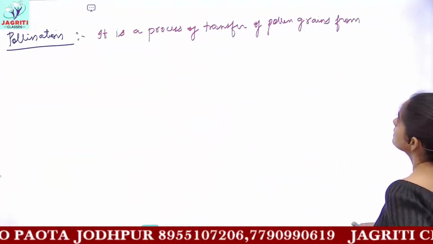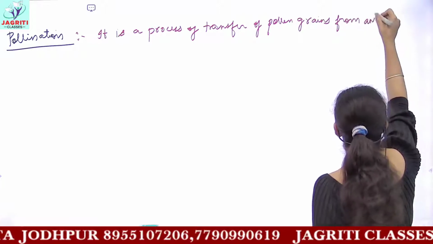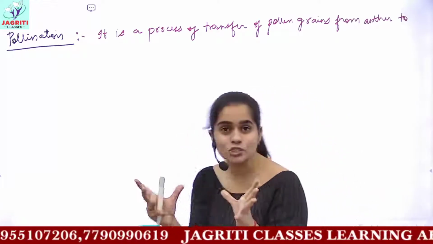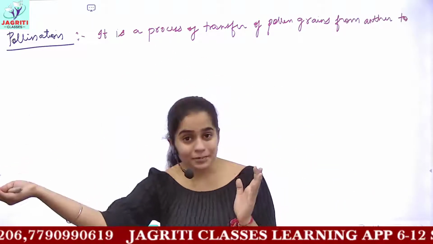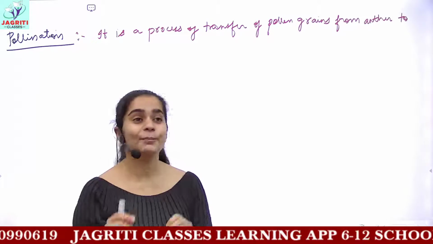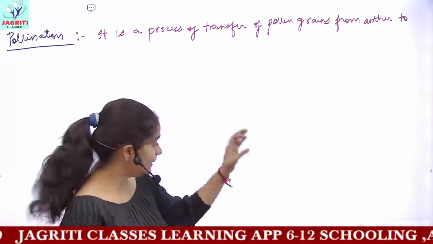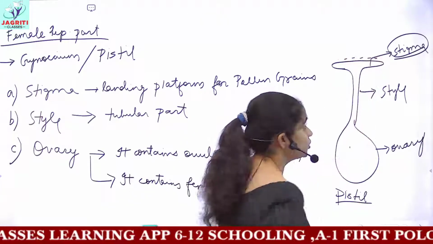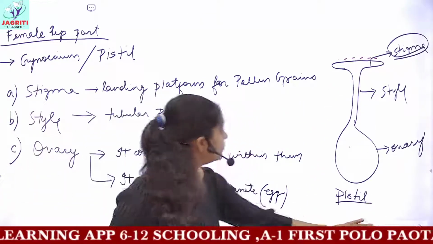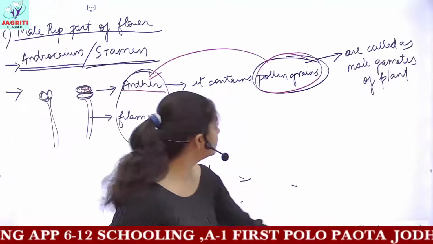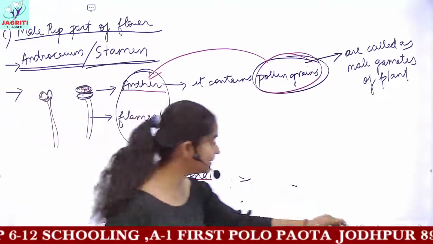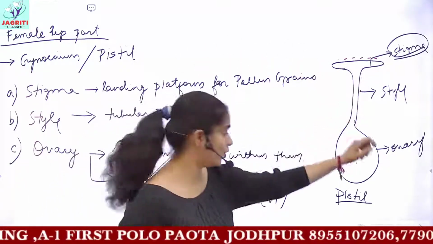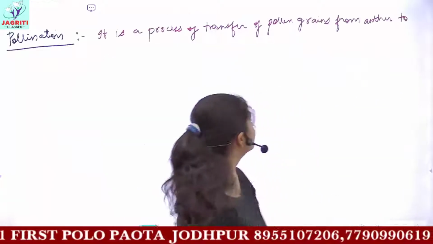So it is a process of transfer of pollen grains from the anther, and when the anther bursts open, these pollen grains are liberated, and these are then carried away by wind, water or insects, and they land on the female reproductive part, that is the stigma. So these pollen grains travel from the anther to the stigma, or your female reproductive part, that is pistil.